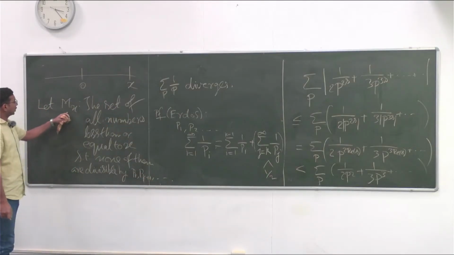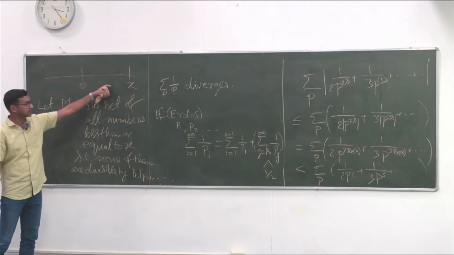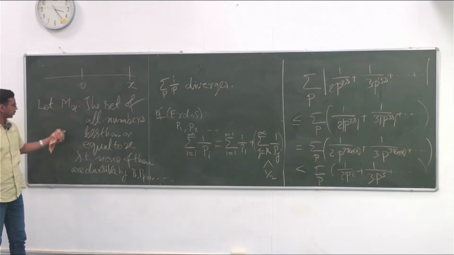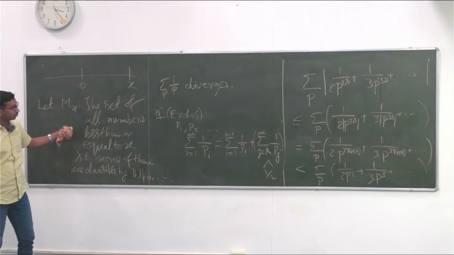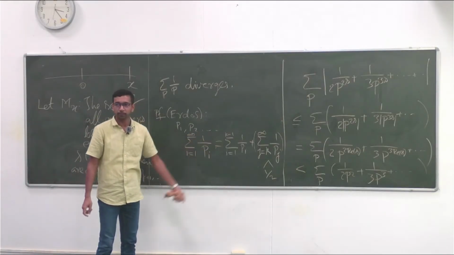In other words, all the numbers in Mx are not only less than or equal to x, all the factors that they can have come from p1 to pk minus 1.